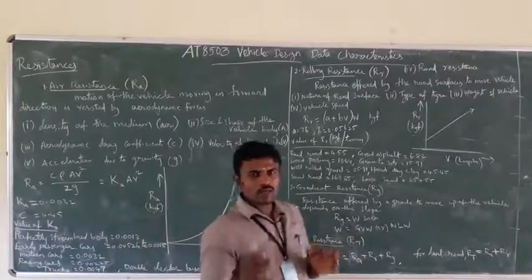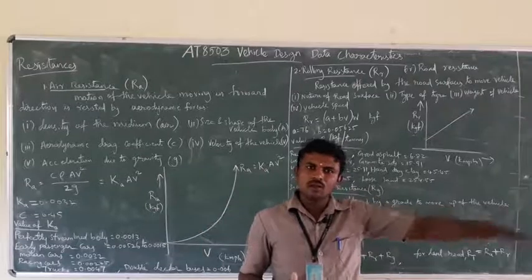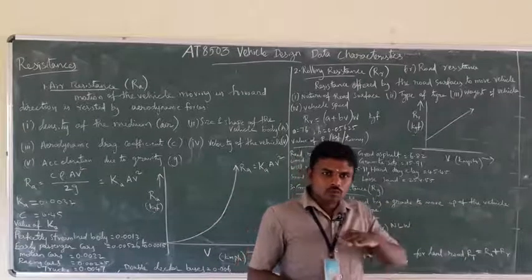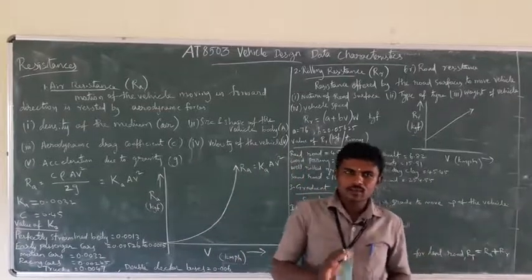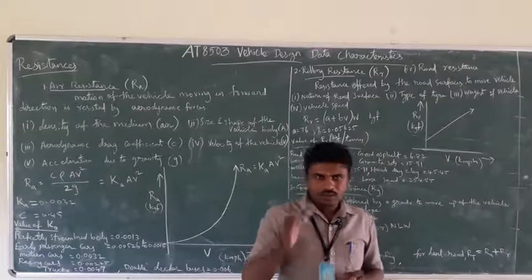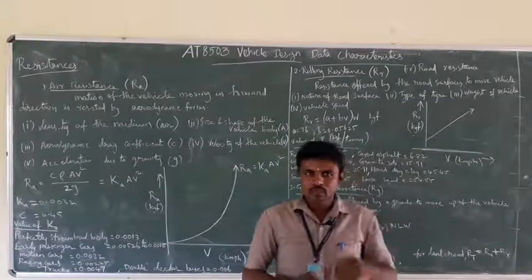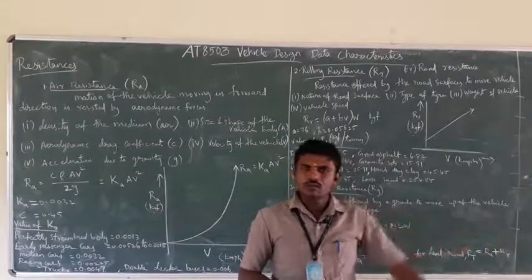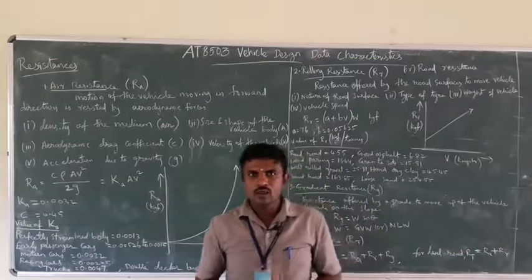Sometimes the vehicle is moving on a level road. Level road means a smooth surface, not a hill area, not a slope road, just a level road.